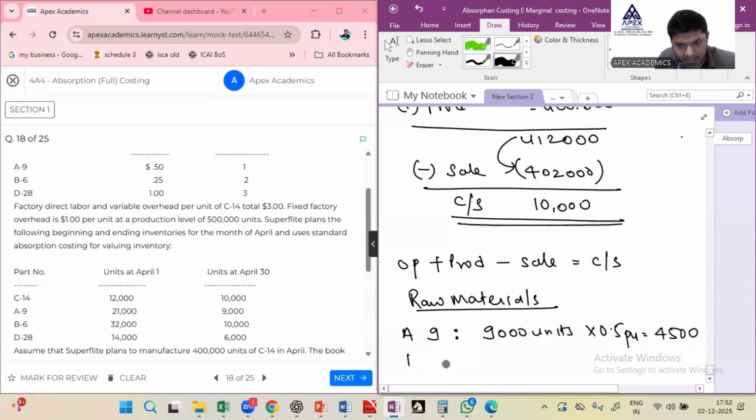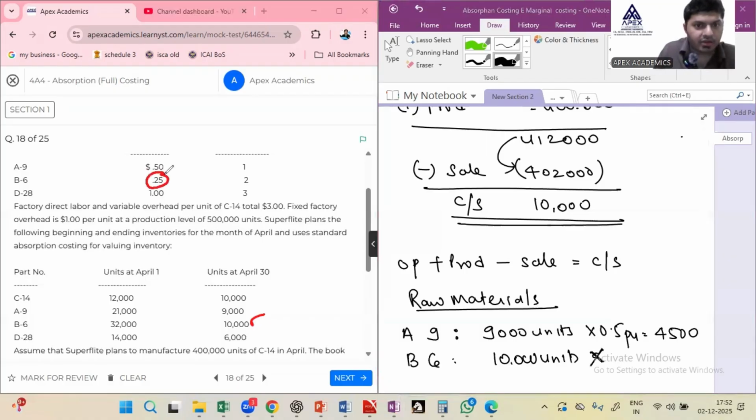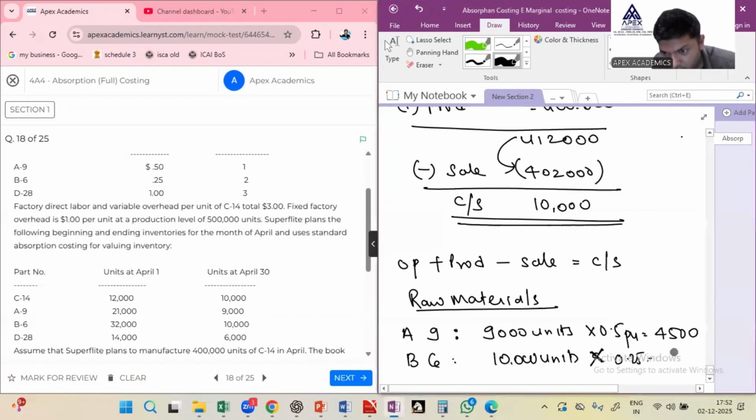Next, I have B6. How many units is my closing stock? It's 10,000 units, multiplied by the cost of my B6, which is 0.25. Which is equal to 2,500.